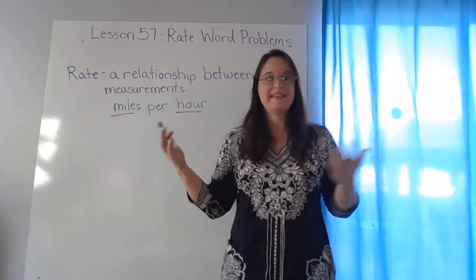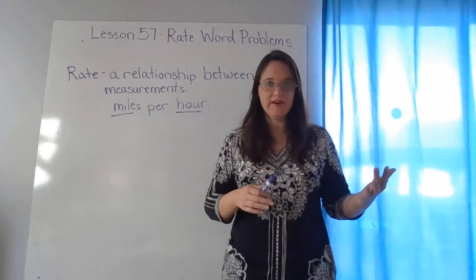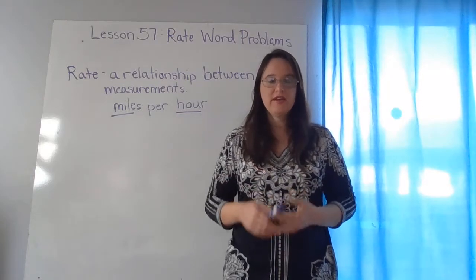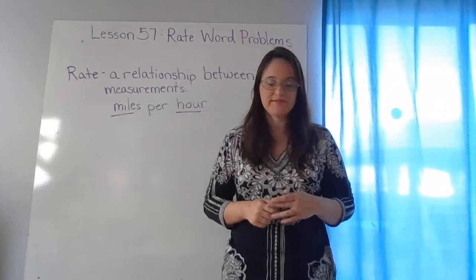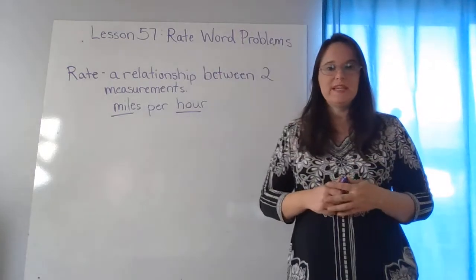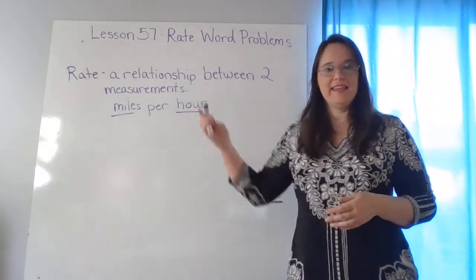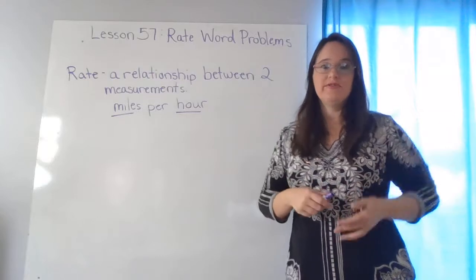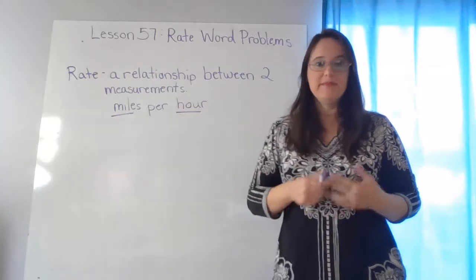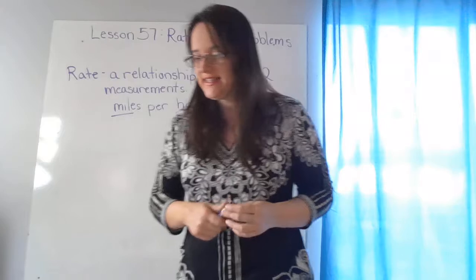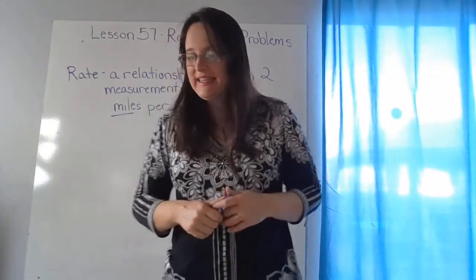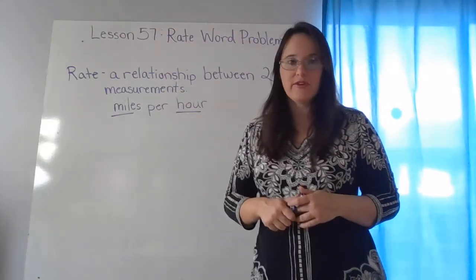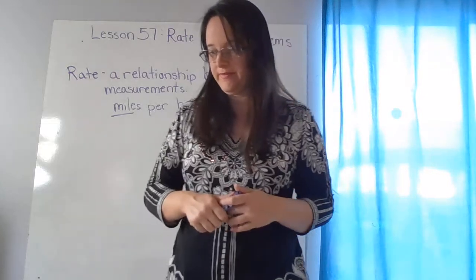So if you make $10 per hour, for every hour that you work, you make $10. So we're going to see word problems that use rates or have you figuring out information based off of your knowledge of rates.